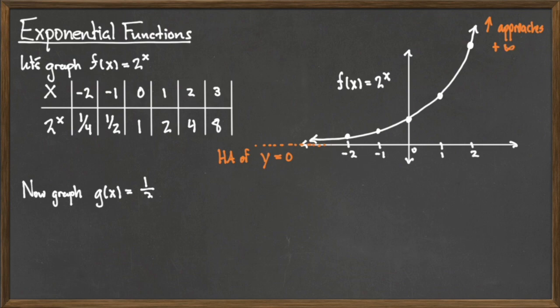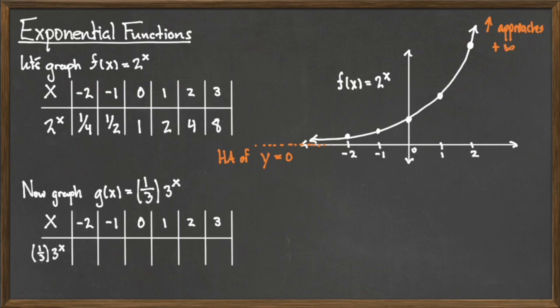Similarly, we'll do the same thing for the graph of g of x equals 1/3 times 3 to the x. Here, that 1/3 out front is the constant multiplier that I was telling you about in the last slide. That 1/3 is not being taken to a power of x, only the 3 is. But let's get a feel for what this graph could look like. For each of these inputs, I'm plugging in the corresponding value of x and simplifying the entire expression.